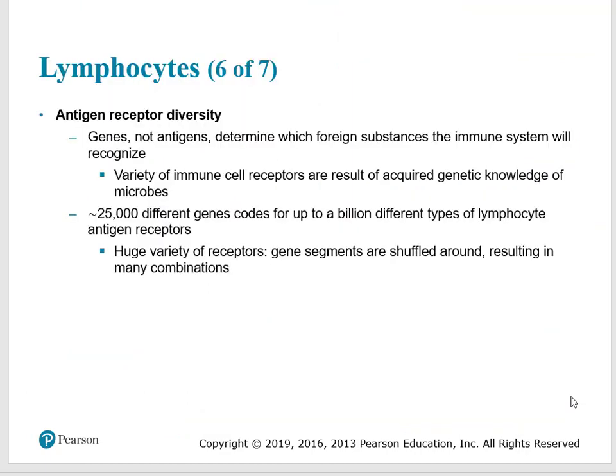Now, the other thing we have to think about is that you have millions and billions of bacteria and viruses out there. So how is your 25,000-gene genome able to produce so many different types of antibodies that can bind to so many different types of antigenic determinants on an antigen? It's through a process called somatic shuffling, where you have a set of genes responsible for forming antibodies, and that set of genes gets reshuffled again and again until the perfect pair is found, which fits perfectly to your antigenic determinant.